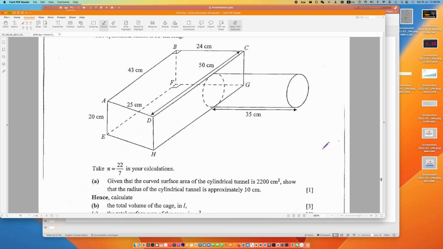So what shape is this? You wake up, what shape is this? You don't even know this shape? P5. Four-sided, how many figures have you learned so far? Rectangle, square, parallelogram, and what else? P5, I'm testing you on P5 now.